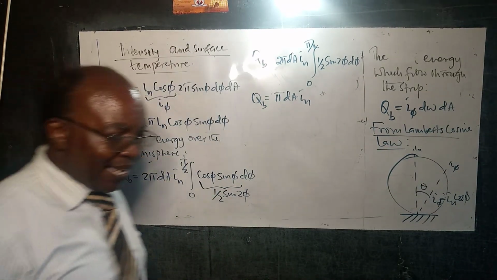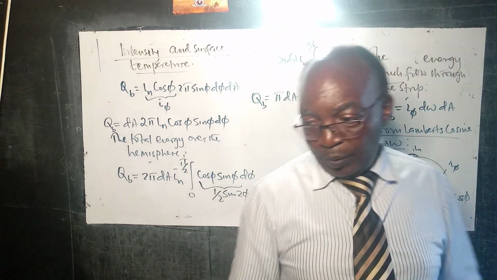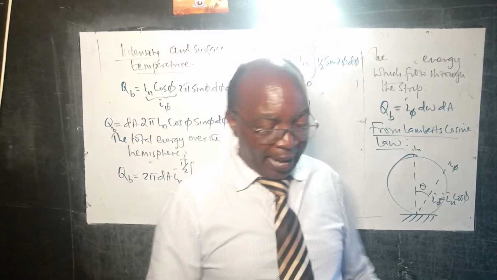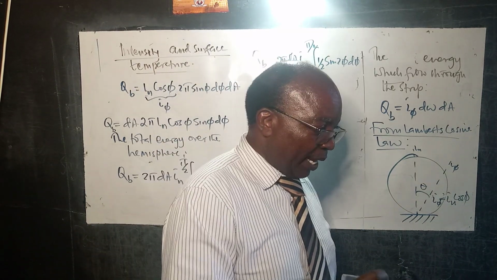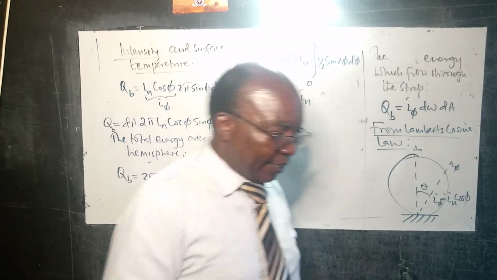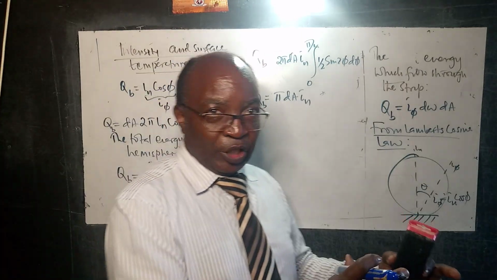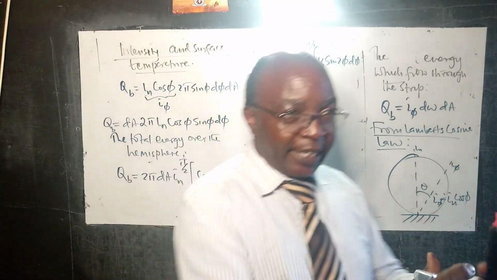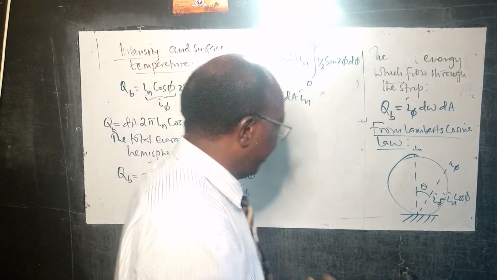And so if we combine this with the Stefan-Boltzmann law, which we saw in our earlier lectures, where we said that the relationship between the energy that's emitted and the temperature is that energy, Q, is related to the absolute temperature raised to power 4.